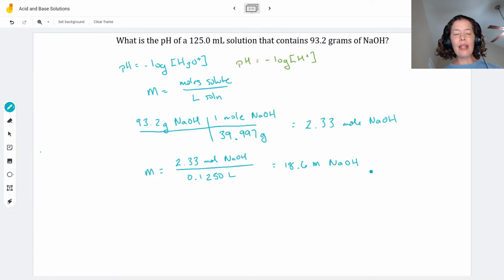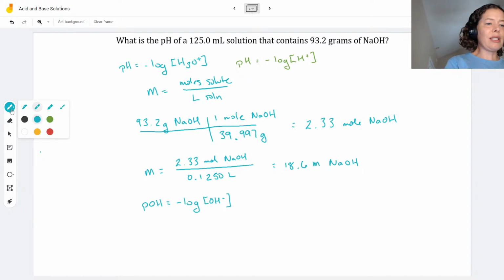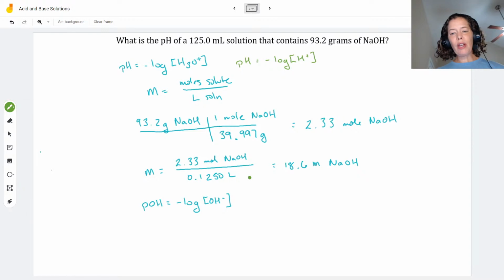The way I think of it is I know that I can also calculate pOH, and that is simply the negative log of my hydroxide concentration. And I can get hydroxide concentration from my sodium hydroxide. So sodium hydroxide is a strong base. When you put it in aqueous solution, you get sodium cations and hydroxide anions.